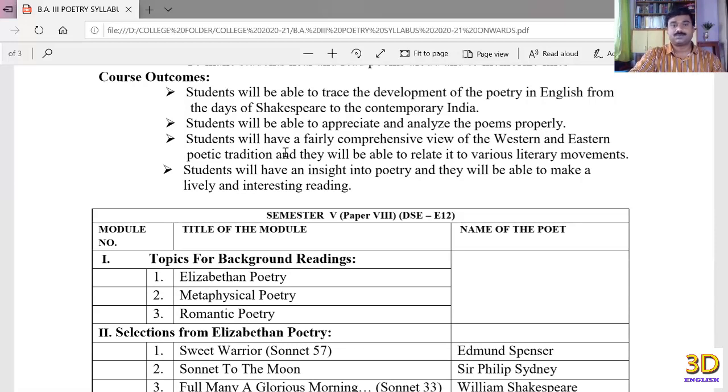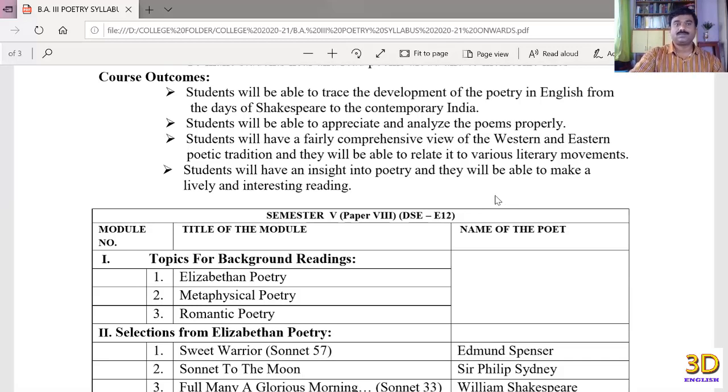Next, students will have a fairly comprehensive view of the Western and Eastern poetic tradition, and they will be able to relate it to various literary movements. Students will have an insight into poetry and they will be able to make lively and interesting readings.